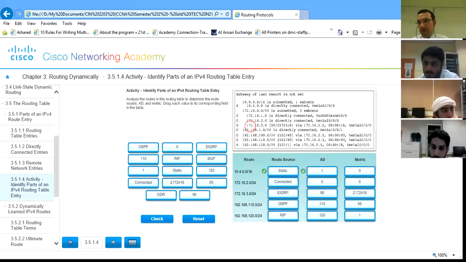It could not have dealt with it. It would have summarized this 172.16.0.0 to /16. No, sorry, I beg your pardon. It's directly connected, but it would have summarized, let's see. No, actually, it is this one, the static route. What else? No. Actually, it's difficult.